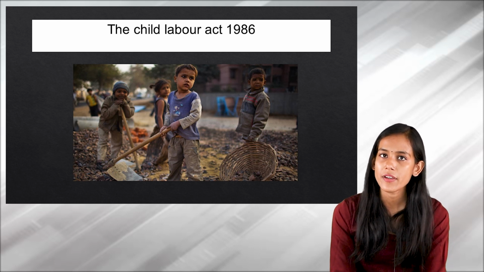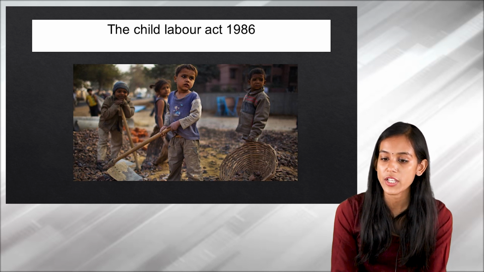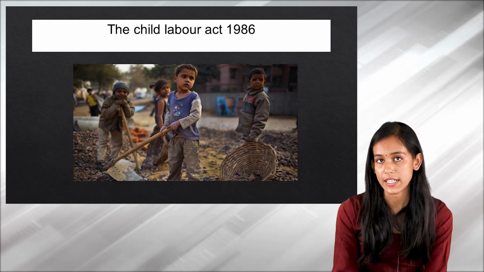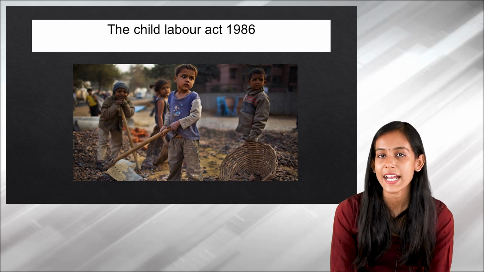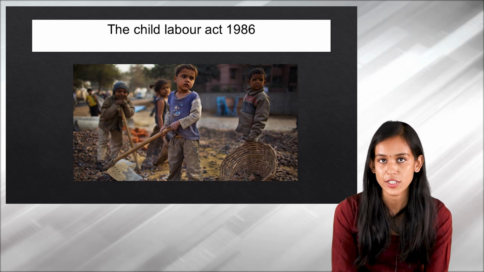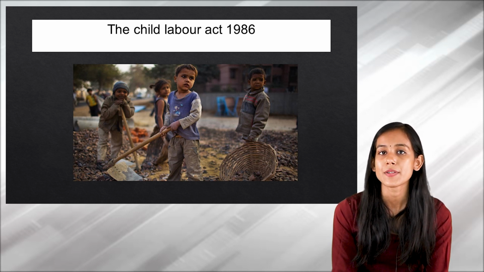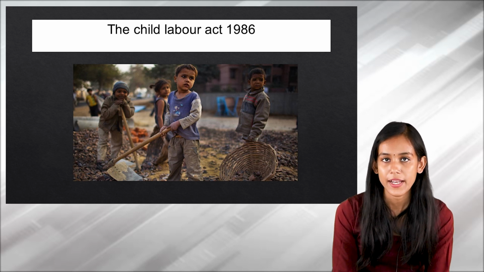So, child labor acts as a major barrier to education, which affects both attendance and performance in school. Because of this, in 1986, the Child Labor Act was established, which says that under 18, no children should be subjected to labor.